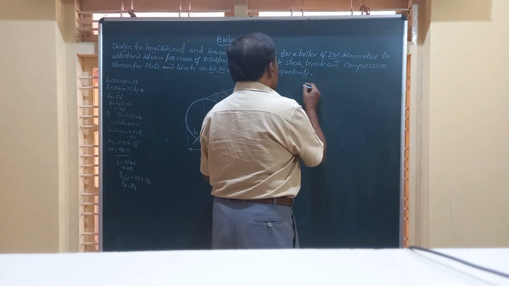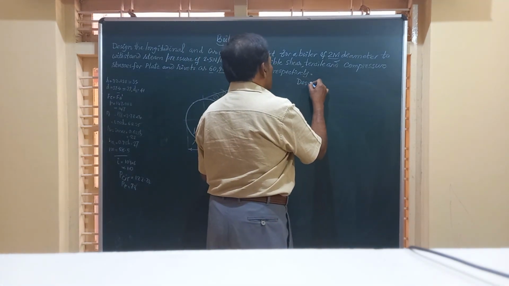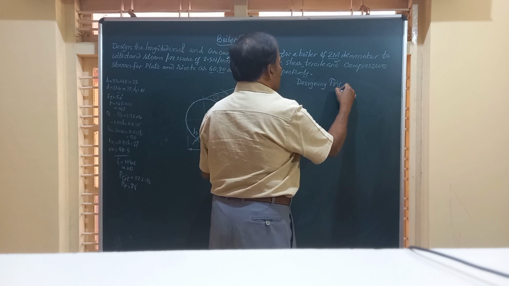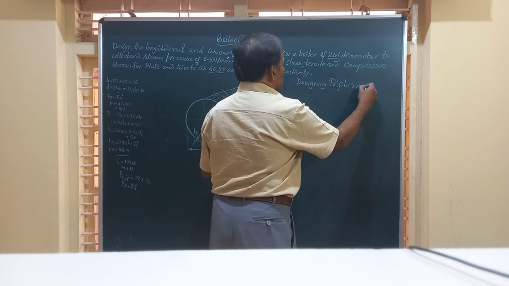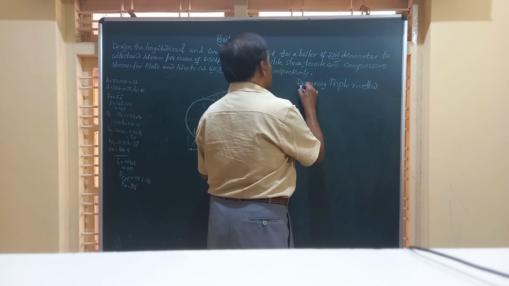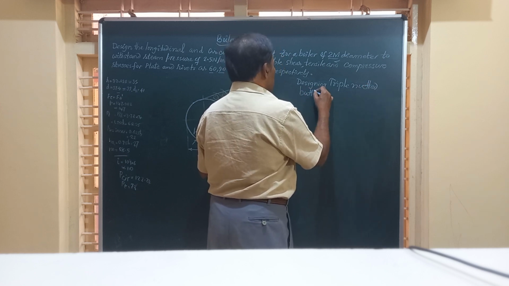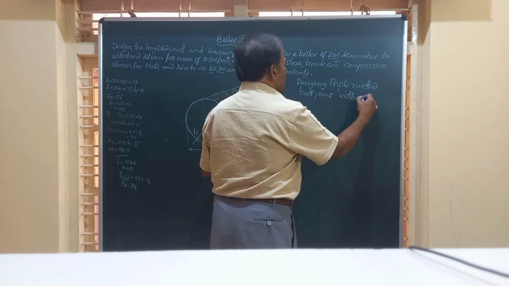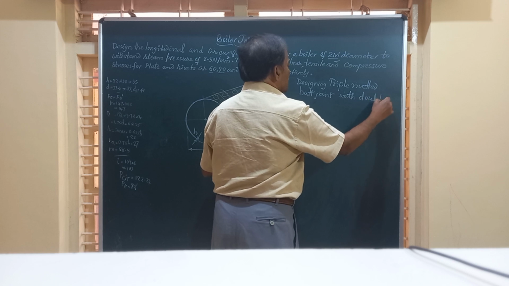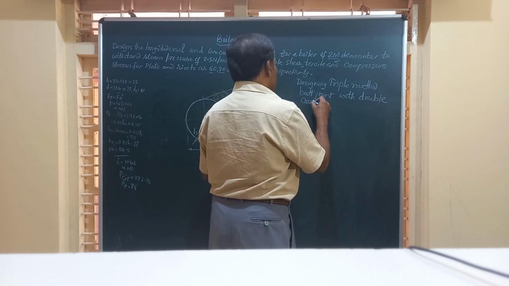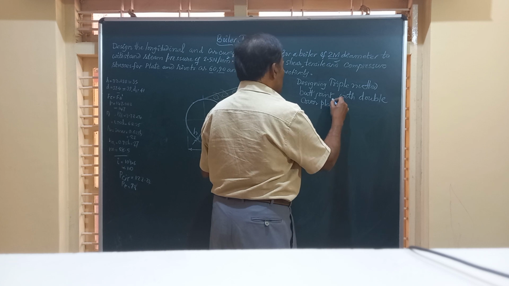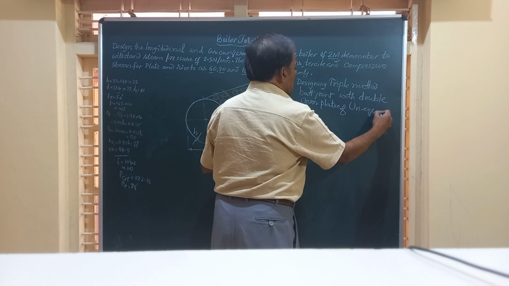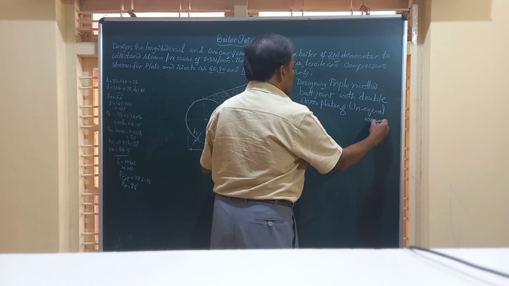So here we are designing a triple riveted butt joint with double cover plates. The butt joint, so we are using double cover plates of unequal width. This you should remember.